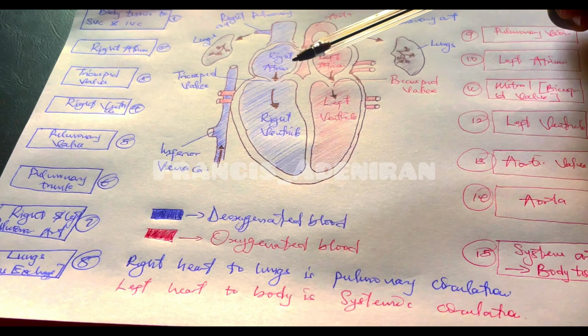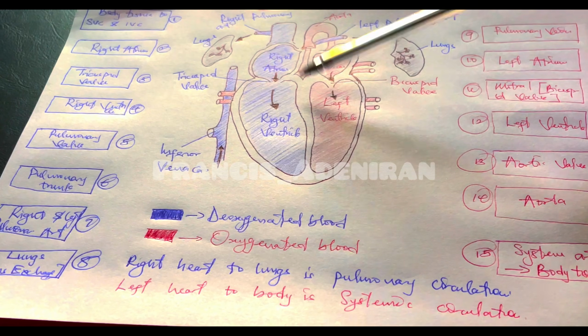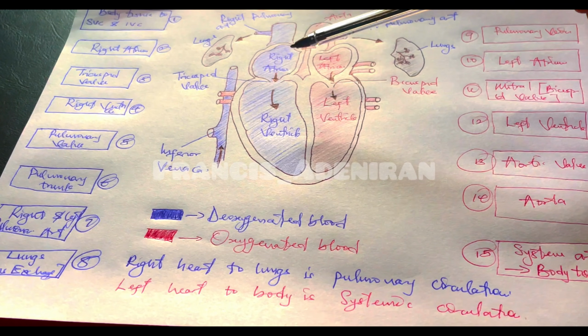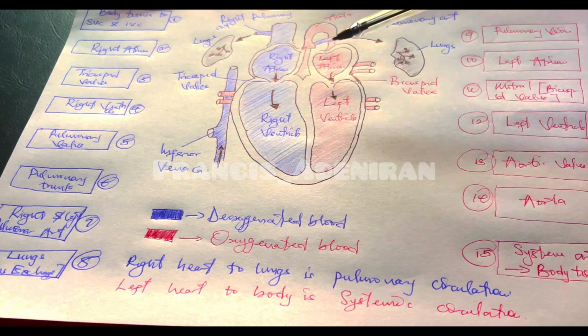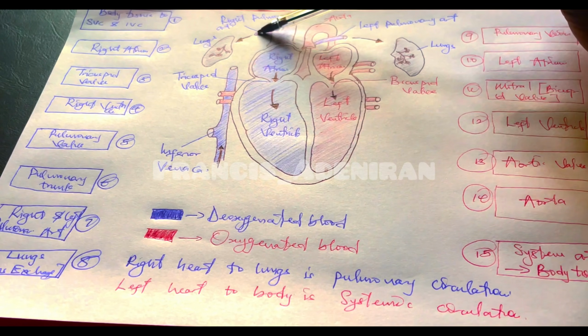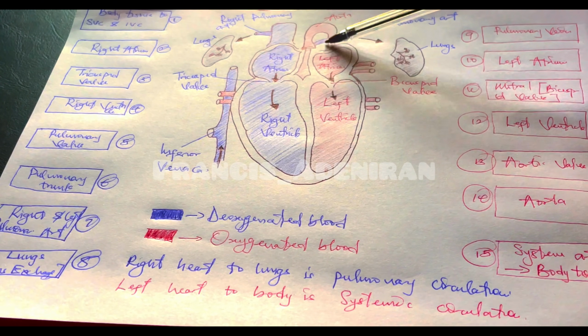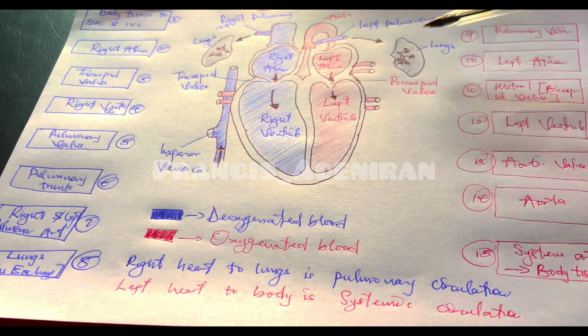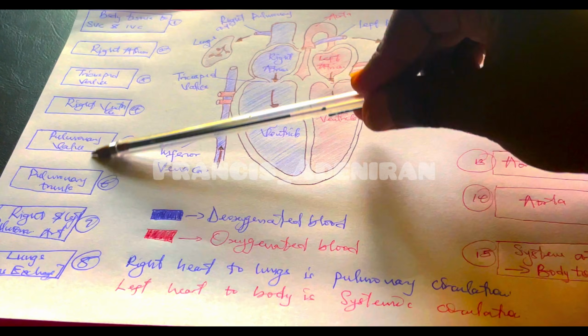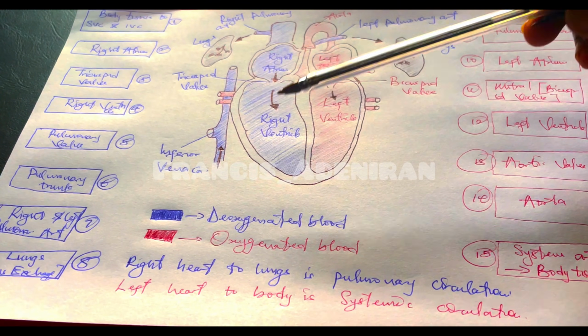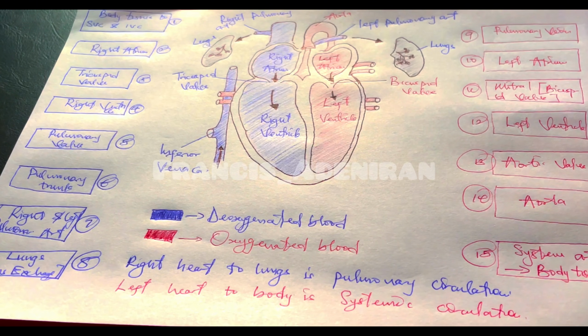Now, if you recall, we know that all arteries carry oxygenated blood except for the pulmonary artery. So here is the right pulmonary artery and the left pulmonary artery carrying the deoxygenated blood to the lungs. So that is the one for this side. That means that the right heart to the lungs is called pulmonary circulation.